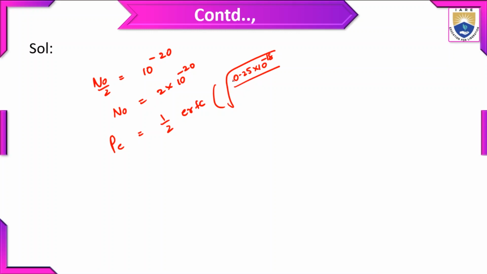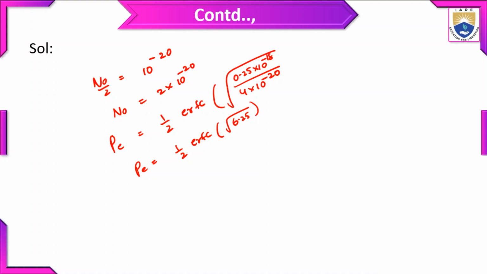Already N0 value is 2 into 10 power minus 20. So again 2 into N0, so 4 into 10 power minus 20. Okay. So after solving all this, probability of error is equal to 1 by 2 erfc of square root of 6.25.